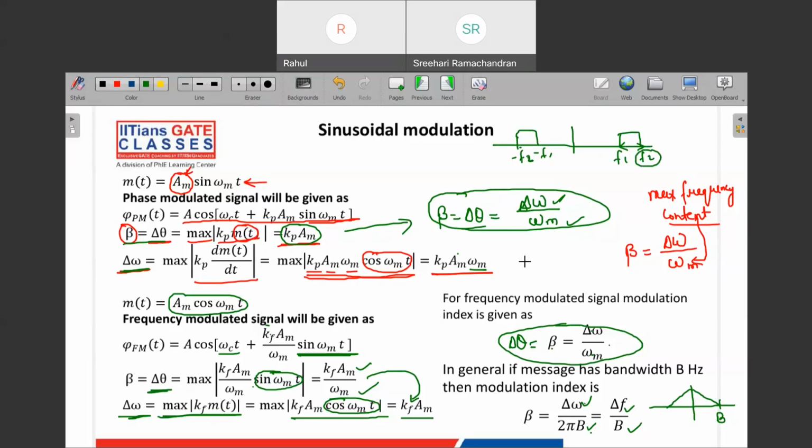So in this case beta will be equal to delta omega by omega_2, or beta is equal to delta f by f2. So this is all about the modulation index of the phase and frequency modulation.